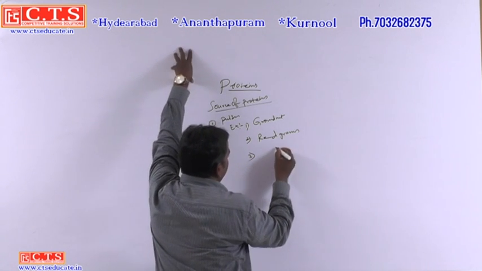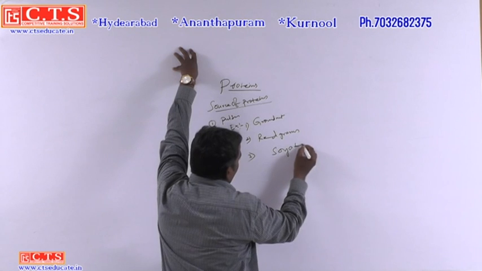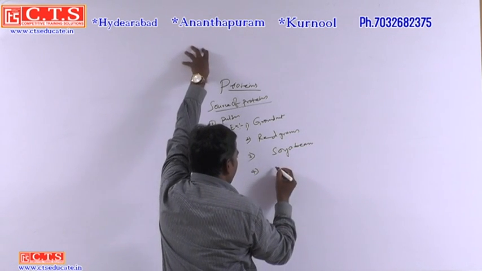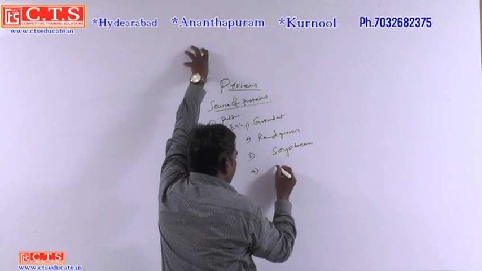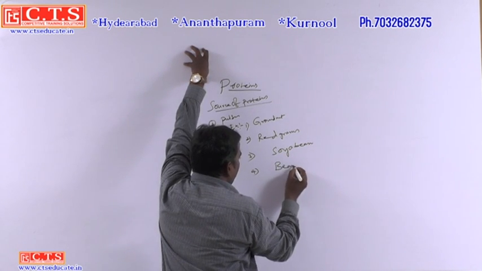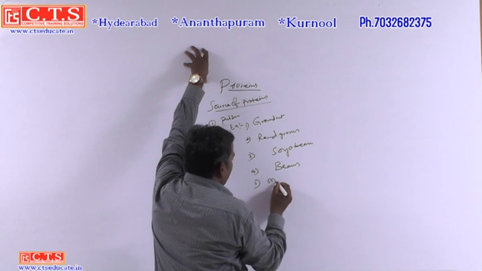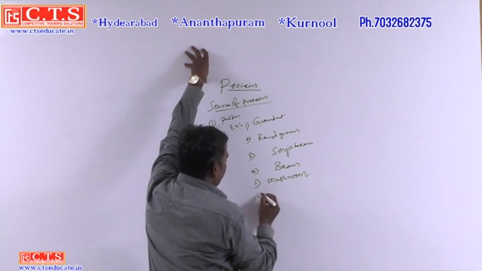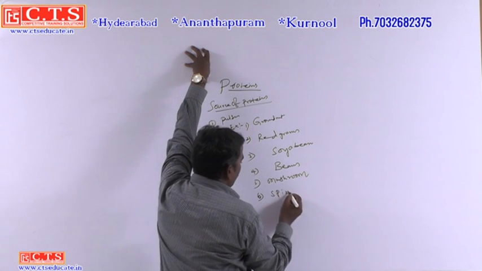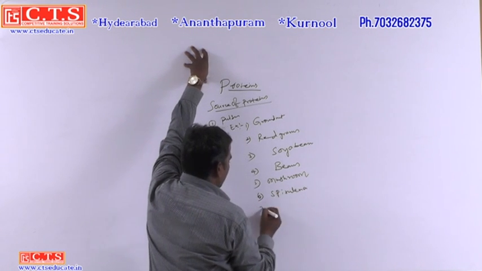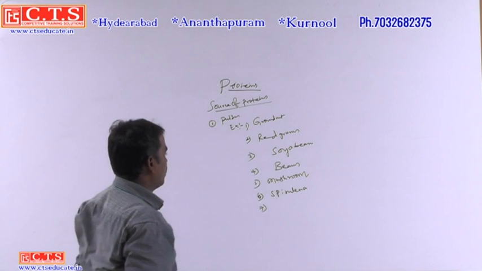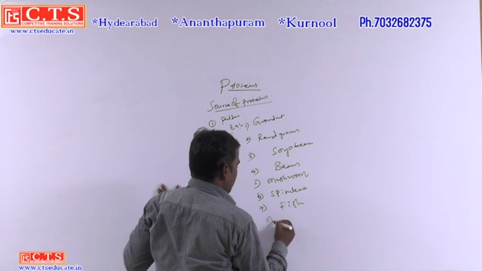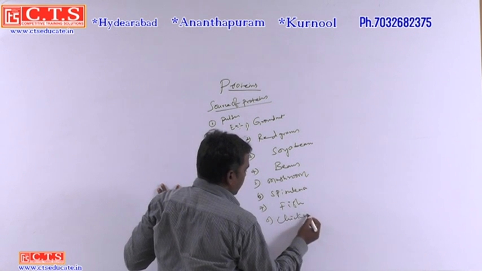Number three, soya bean. Number four, beans, mushroom, spirulina, fish, chicken.